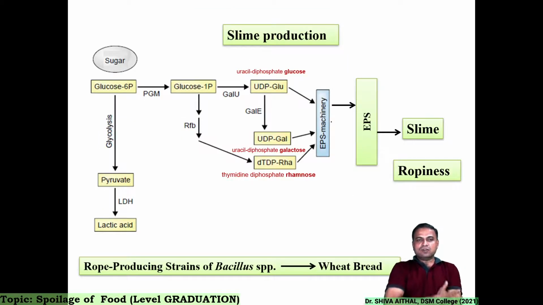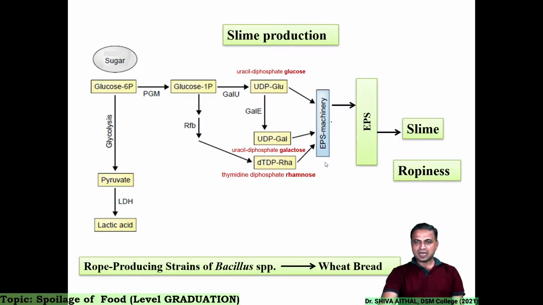Slime, this is very important. It's a very simple pathway. Try to understand. Slime production is carried out by the bacteria when sugars are converted into slime, that is exopolysaccharides. Sugar is converted to glucose 6-phosphate. Glucose 6-phosphate is converted by certain enzymes which produce polysaccharides into UDP glucose, then UDP galactose, then dTDP rhamnose.